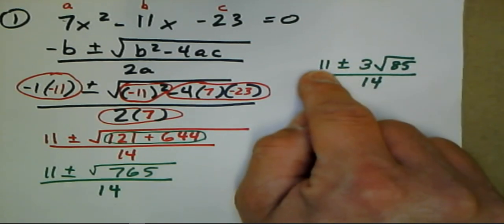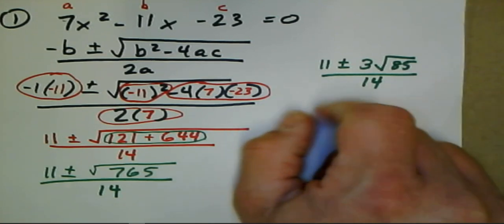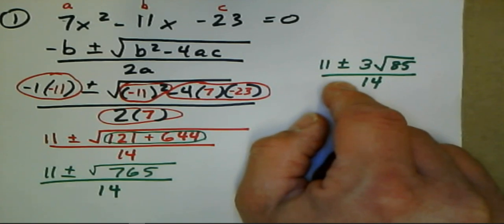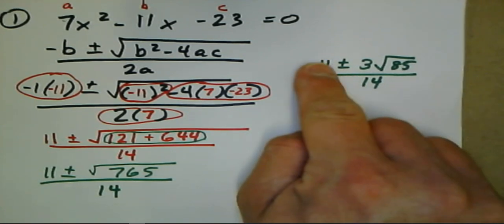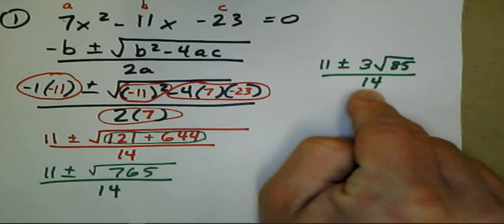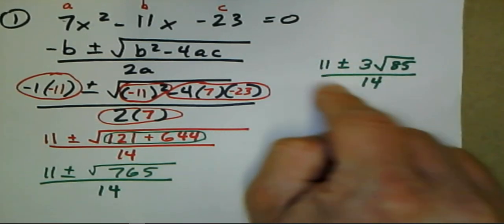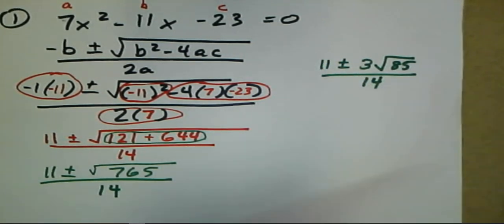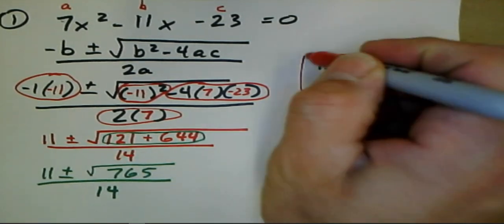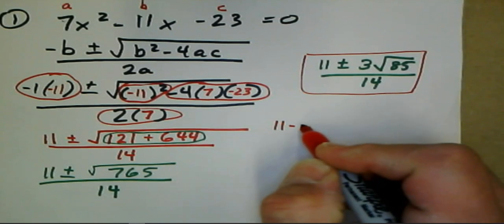Can 3 go into 11? 3, 6, 9, 12. Nope, you're done. If one of them can't go into the other one, that's it. So if all these numbers were even, 2 would go into it. We would reduce those, but we don't reduce them. So that's it. You can leave it like this, and I know that yours splits it apart to this.